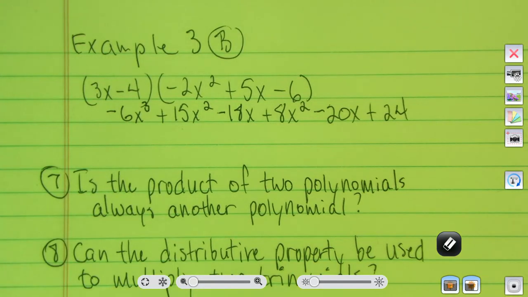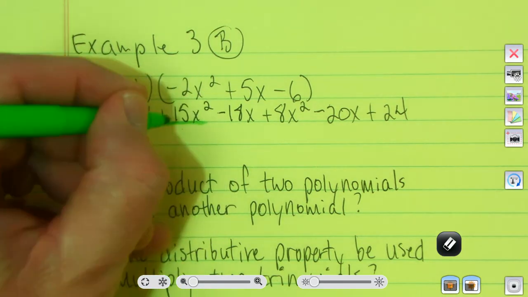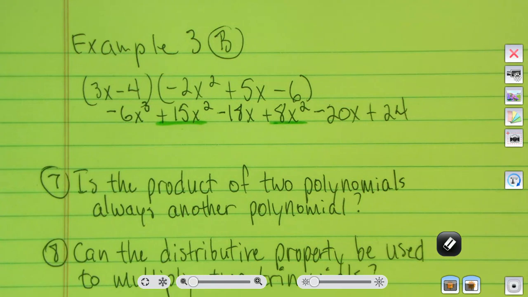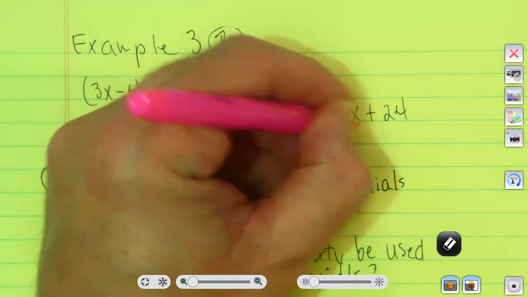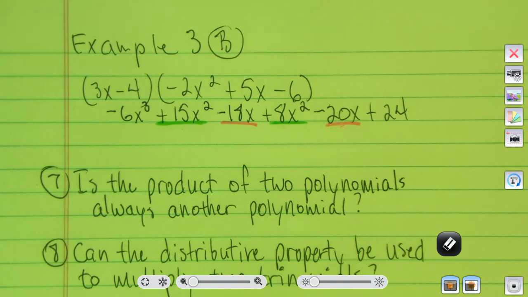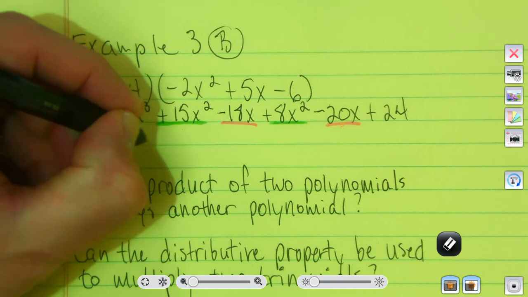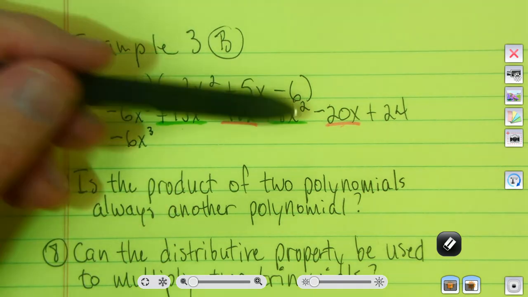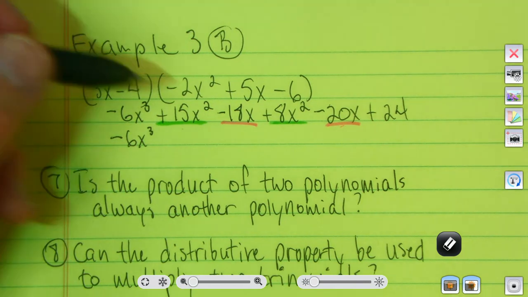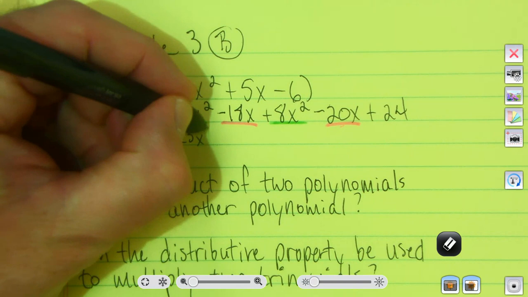We do have some like terms. 15x squared, 8x squared, and negative 18x and negative 20x. So if I put the like terms together, I'll get negative 6x cubed, and then I've got 15 and 8. What happens when I add 15 and 8? I'm going to get 23x squared.